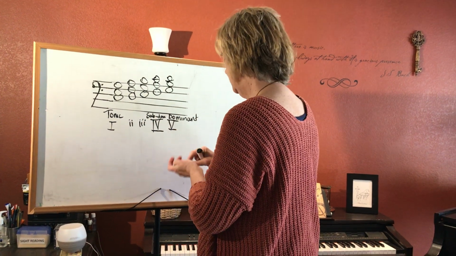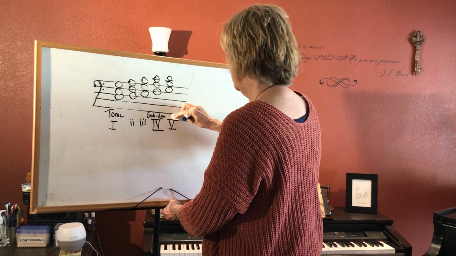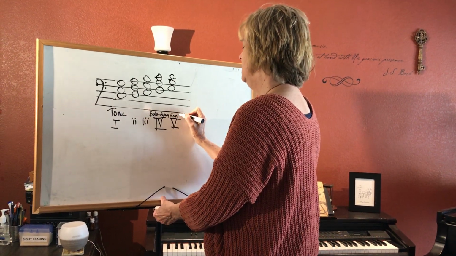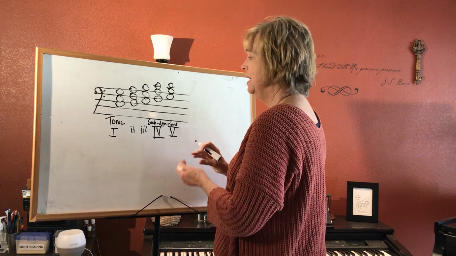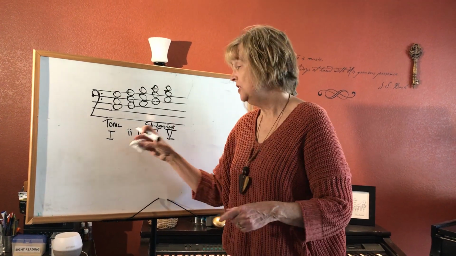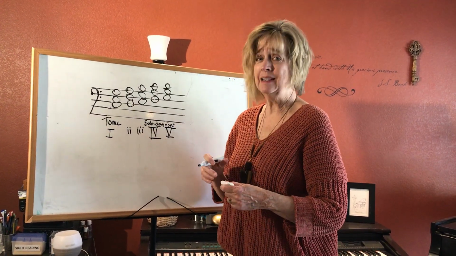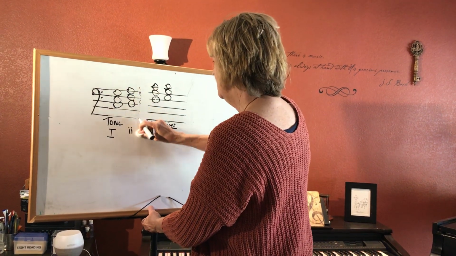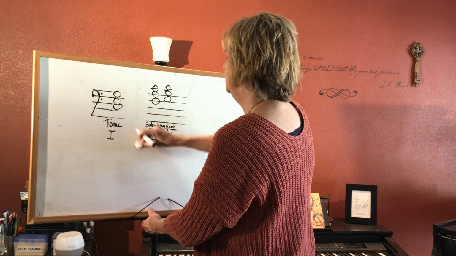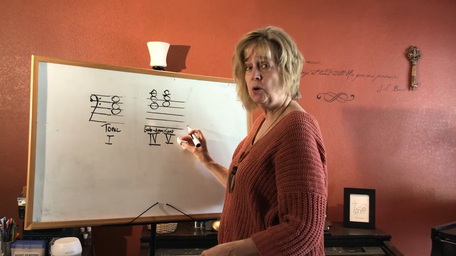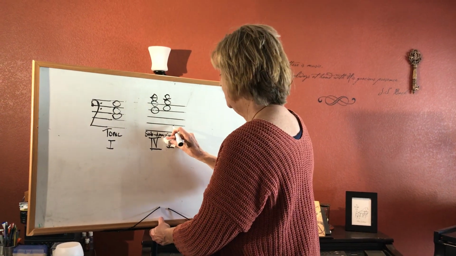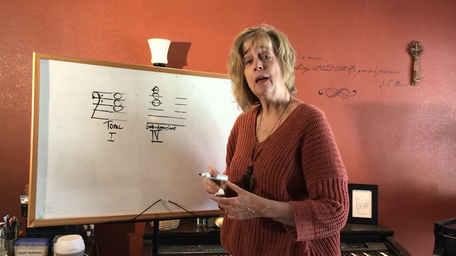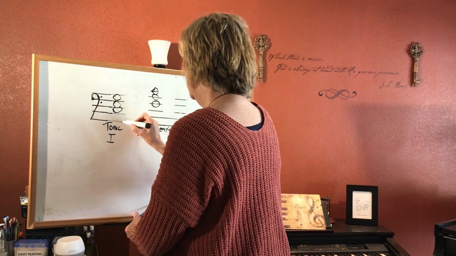As I mentioned before, the 2 and the 3 are called secondary triads. We're going to save those for next semester. So I am going to get rid of those. And our dominant chord, we talked about that the other day, so we're not going to talk about that. We're going to talk today about the subdominant triad.